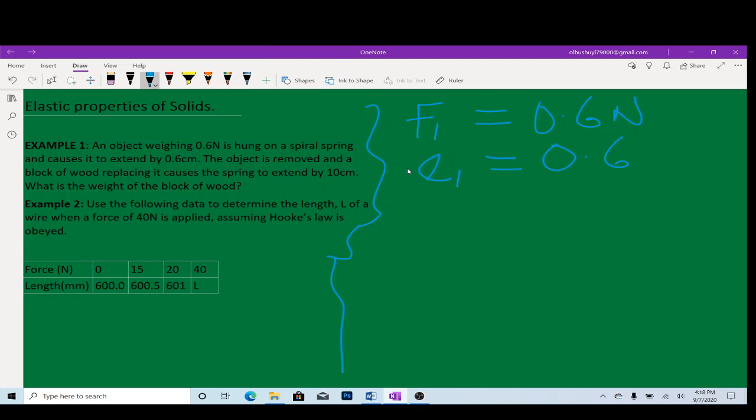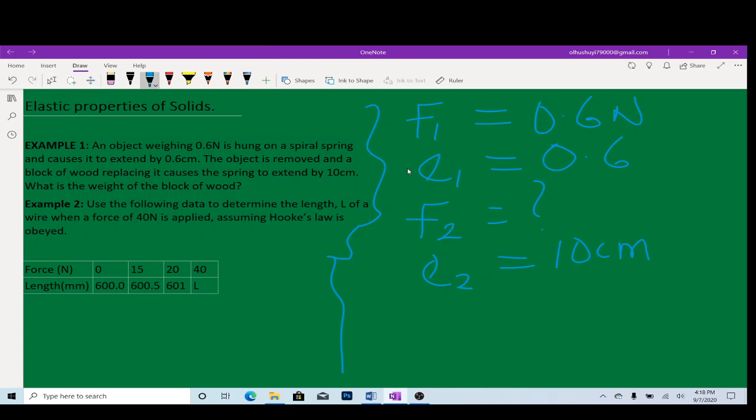The next one, if it's been extended by 10 centimeter, what's the weight on that body? What's the force applied on the body? So F2 is unknown, while extension 2 is 10 centimeters.